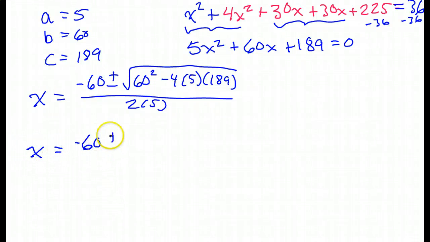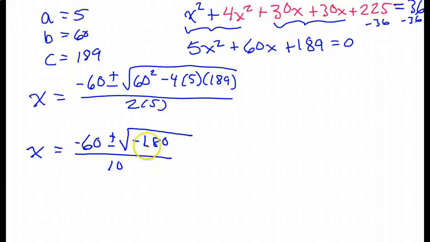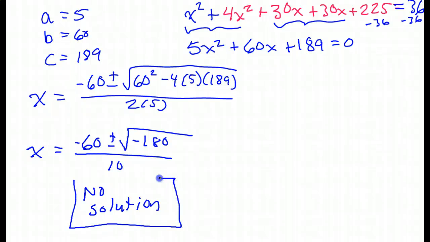So I have negative 60 plus or minus the square root of negative 180 over 10. Look, when you have a negative under the radical, that's going to be imaginary, all right? That means as far as this intersection business, as soon as I see that imaginary thing happening, that lets me know that this is going to be no solution. Okay, so this one is going to be no solution.